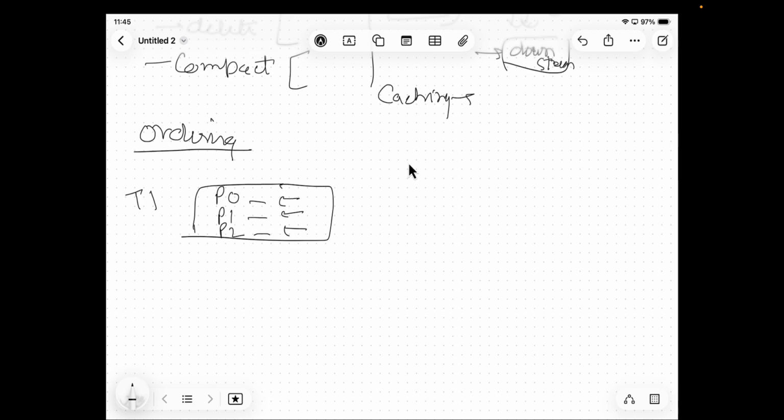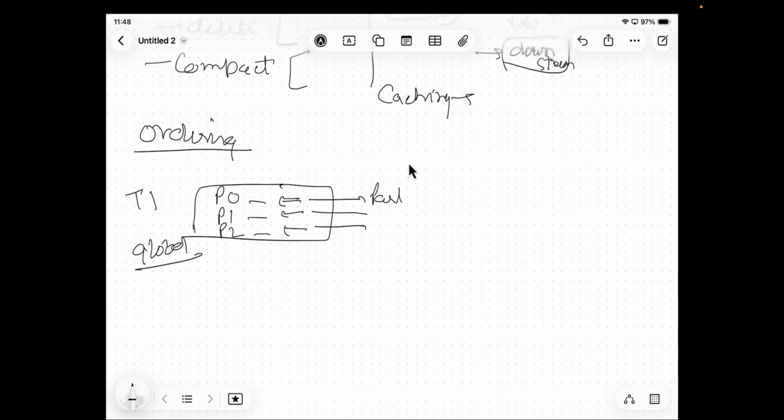So ordering cannot be at the topic level. Ordering we provide at the partition level. Remember this. Whatever messages partition 0 has, partition 1 has, within that the ordering will be there. Okay. So since a topic is composed of partitions, as we see in the diagram, ordering is local but not global. Global means not at the topic level.